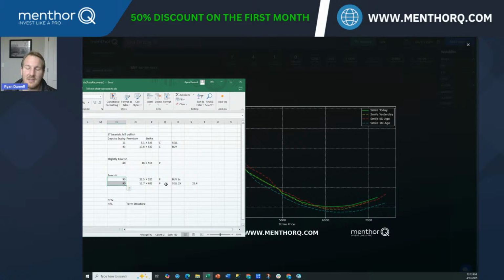So what's the 1x2? The idea there is that we don't want to net pay premium. We want to slightly receive premium or be flat. We're willing to get long the market, but we want to be up significantly more, or we want to be significantly lower before we get into the market.